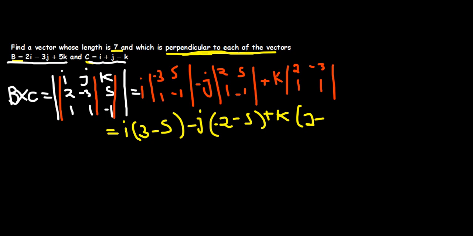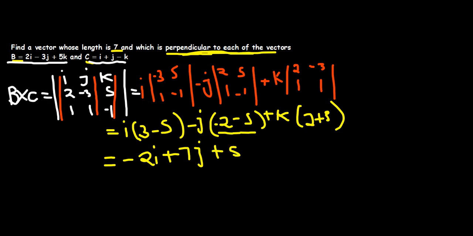That minus multiplied by this minus gives a positive 3. So our final answer, our cross product, will just be minus 2i, then in the brackets minus 7, and with this minus we get plus 7j, and then plus 5k.